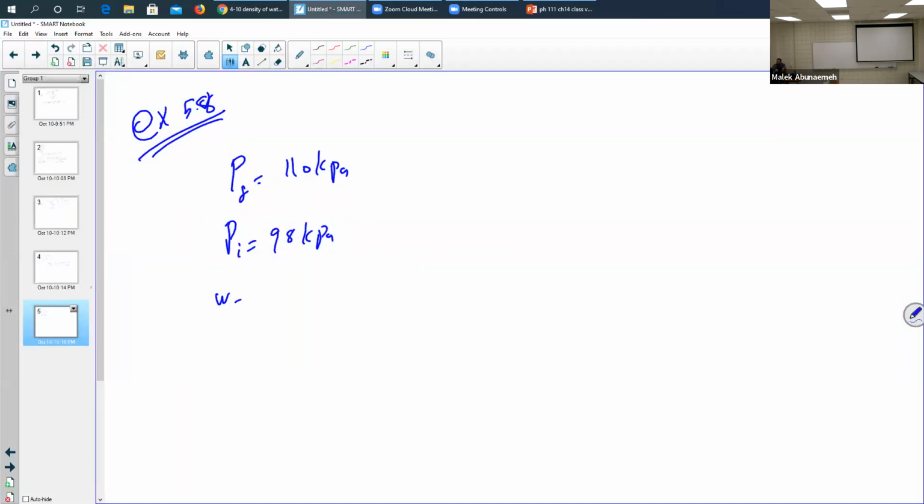Your width is 80 centimeters, which means 0.8 meters. Your length is 120 centimeters, which means 1.2 meters.